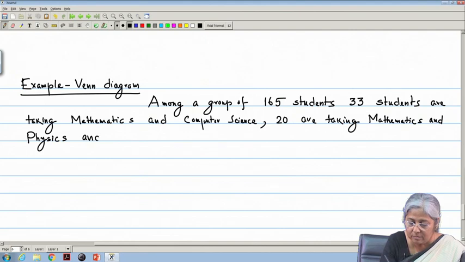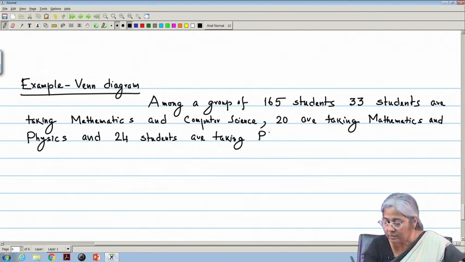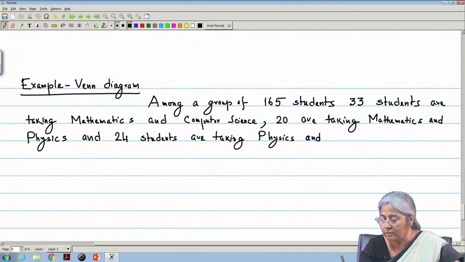And 24 students are taking physics and computer science.